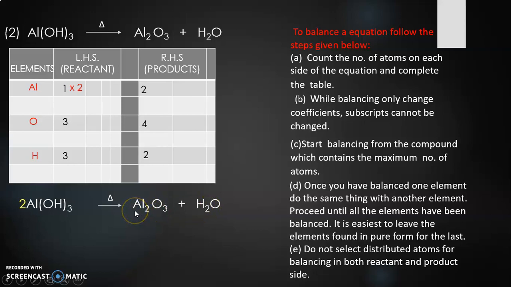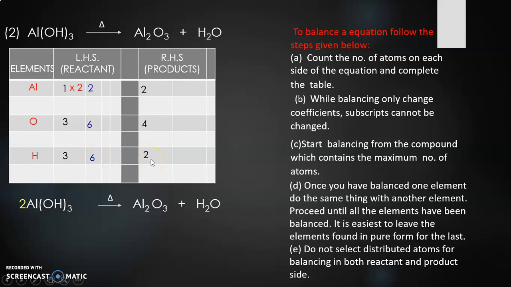Let's count the atoms again. Aluminium 2, 3 2s are 6 oxygen, 3 2s are 6 hydrogen. So if you compare the reactants and the products, aluminium is balanced but oxygen and hydrogen are not balanced. Now looking at oxygen, you have 6 and 4 and hydrogen are 6 and 2.